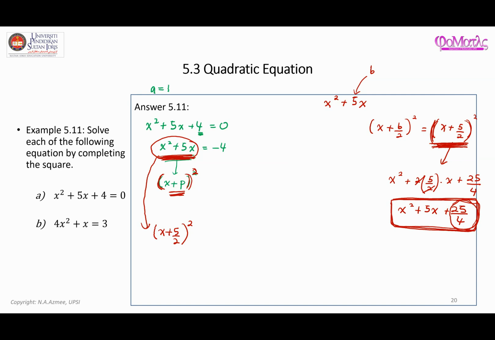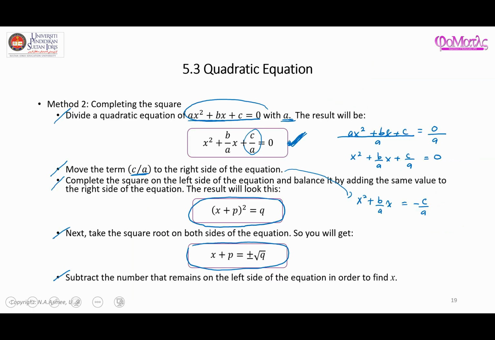So what are we going to do? This is what it means by this statement: you balance it by adding the same value to the right side of the equation. You make sure that it is balanced and it is correct.